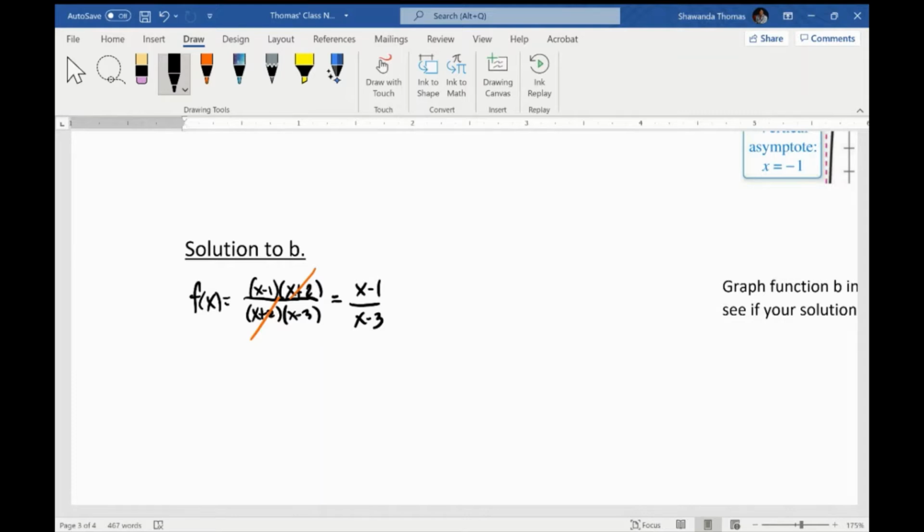And then we focus on this, and we set the denominator to 0. So the vertical asymptote is x equals what? 3. All right. And make sure you put that x.